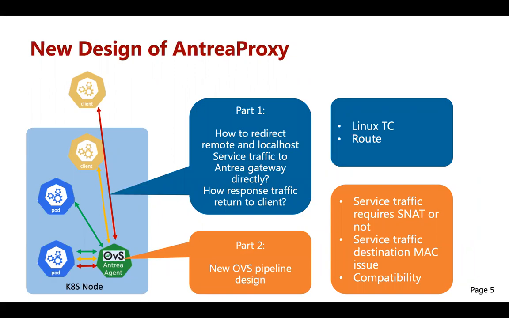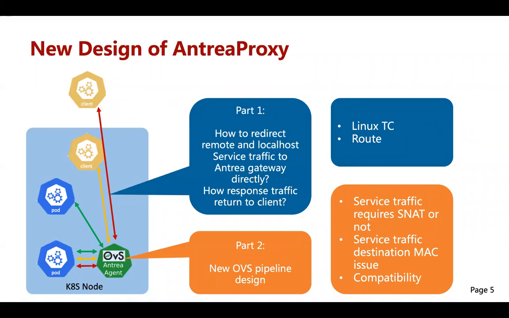Here is the new design. I'll introduce the new design in two parts. The first part is Linux only, and is about how to redirect remote and local host service traffic to the Antrea gateway directly without passing through kube-proxy, and how to make the response traffic go back to the client.